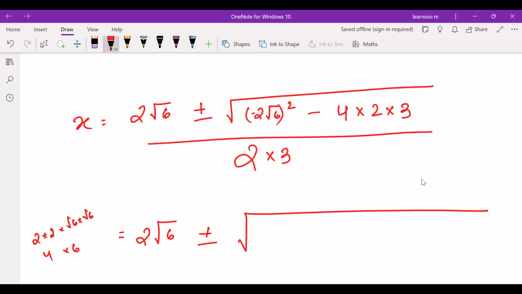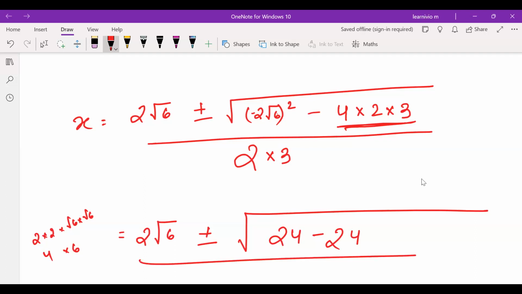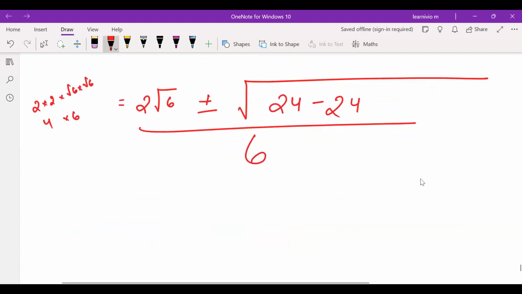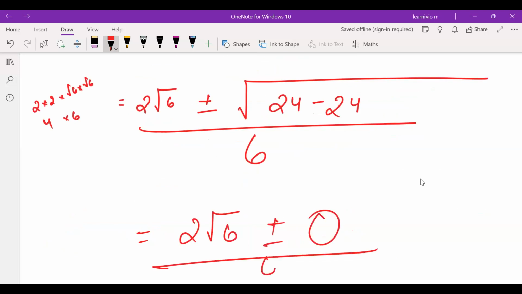And the other term will be 24 again. Minus 24. Great, we got 0 inside the root, and that simplified everything. Plus minus 0 by 6.